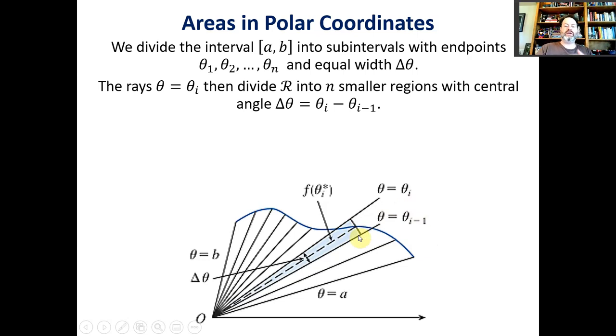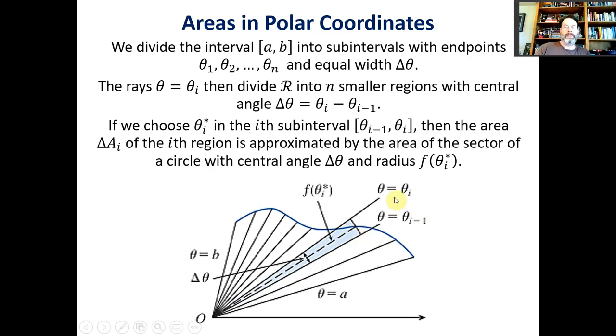So we take the entire angle, cut it into n pieces, each one is delta theta in width. Then we choose a point on the curve in the interval as a sample point, and this is the sector of a circle because we're choosing it that way.